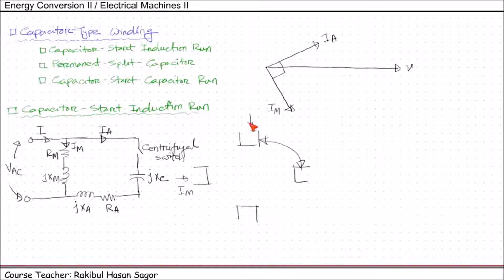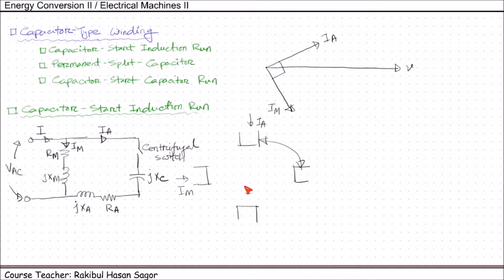We have current through this, which is the auxiliary winding current IA. They are electrically 90 degrees apart. How is it made? By using the proper size of capacitor, inductor, and resistance value. So it will produce a rotating magnetic field which will have a uniform value and will be rotating in any of the directions. In this case, the starting torque of the motor can be made more than 300% of its rated value.